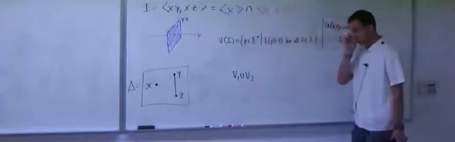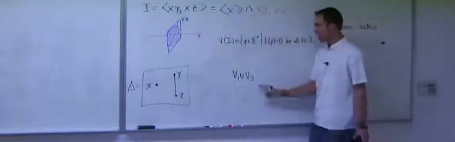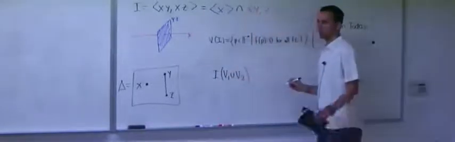Now, there is a fact, which is that if you have two varieties, let's say V1 and V2, and you look at the polynomials that vanish in the union, then which polynomials vanish in V1 and in V2?